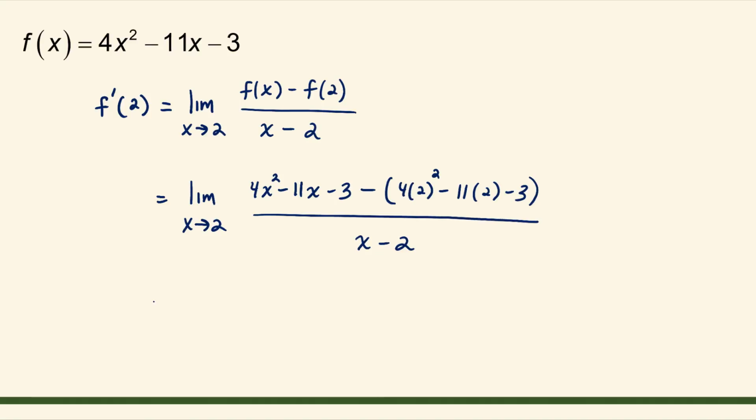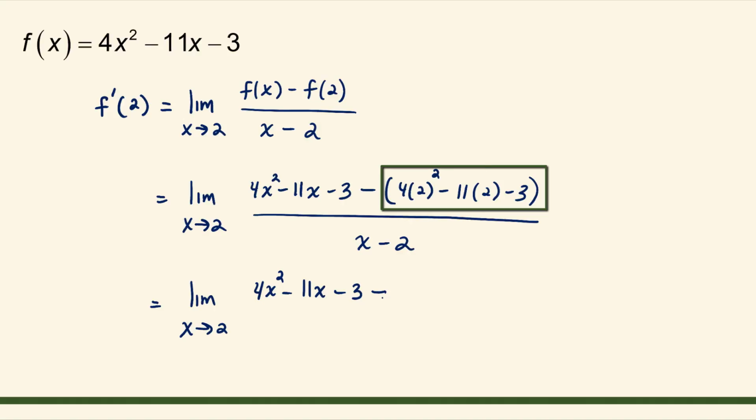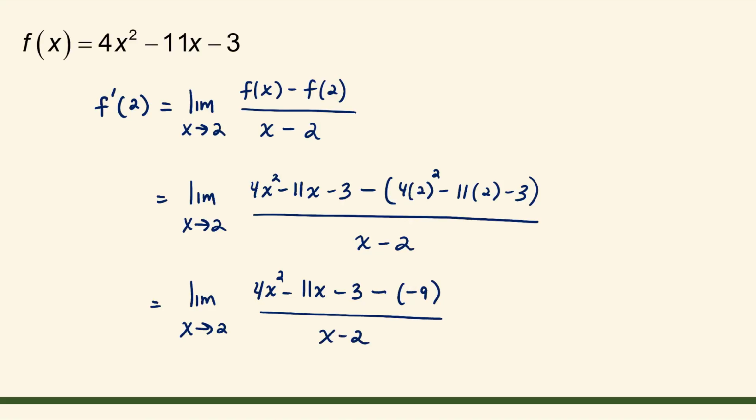Simplifying, this will equal the limit as x approaches 2 of, we have our function f of x, which is 4x squared minus 11x minus 3, minus f of 2. And when we evaluate 4 times 2 squared minus 11 times 2 minus 3, that is equal to negative 9. So we have minus negative 9, all of that over x minus 2.